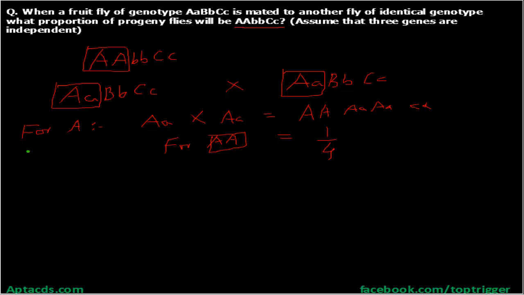Similarly, if we talk about B, we have to consider this particular cross, this one and this one. So for B the cross will be like this.